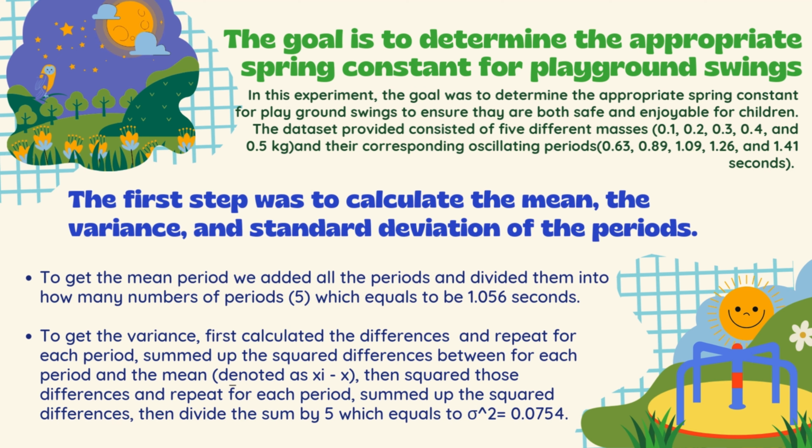Second is to get the variance. You firstly have to calculate the differences and repeat for each period. Sum up the squared differences for each period, which is denoted as xi minus x̄, then square those differences, sum up the squared differences, then divide the sum by 5, which equals 0.0754.